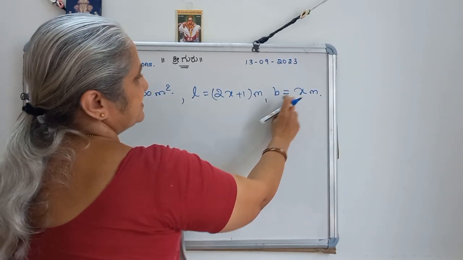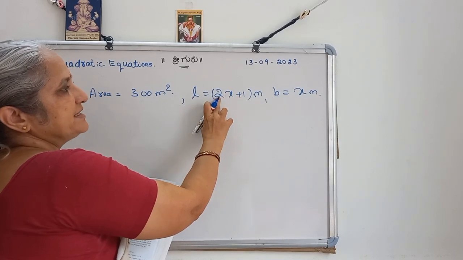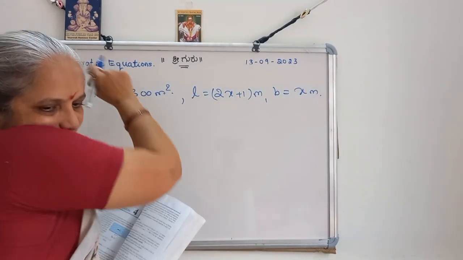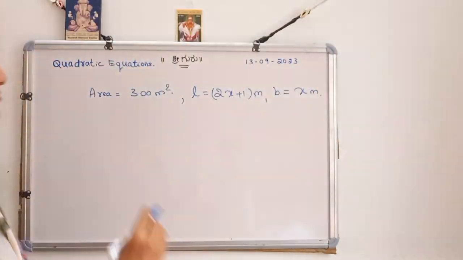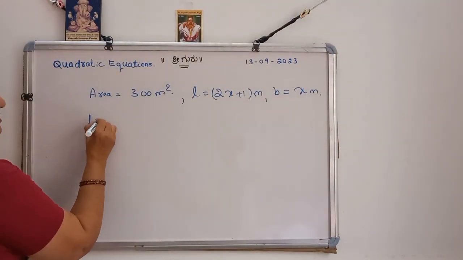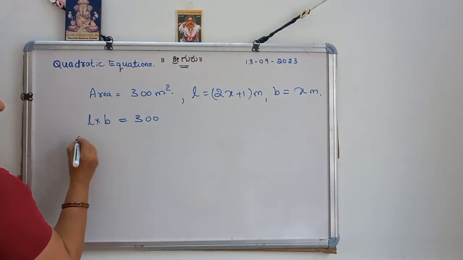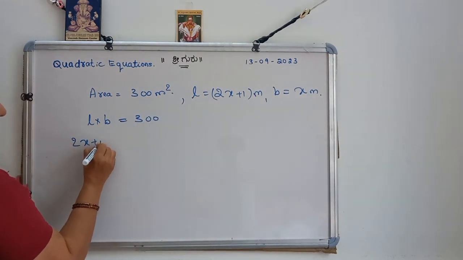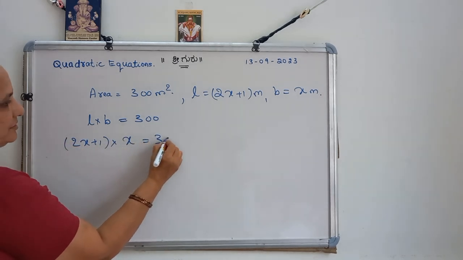Breadth is x meters and length is 1 meter more than twice the breadth. So L into B is equal to area is equal to 300. What is L here? 2x plus 1 into x is equal to 300.